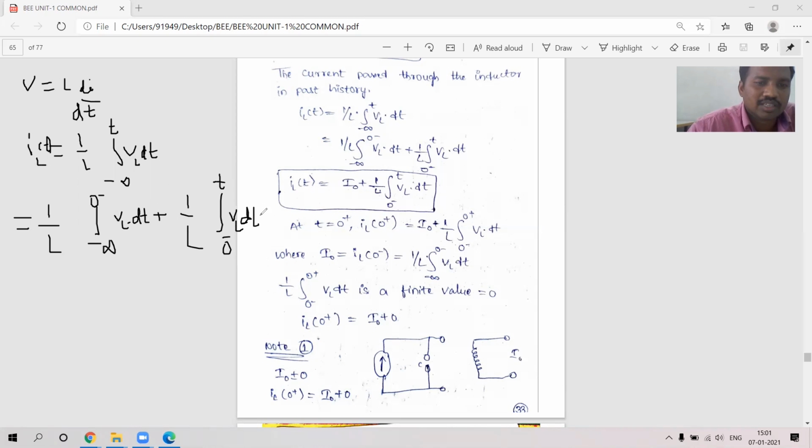We can split it into two parts because of 0 minus. 0 minus means the past value.